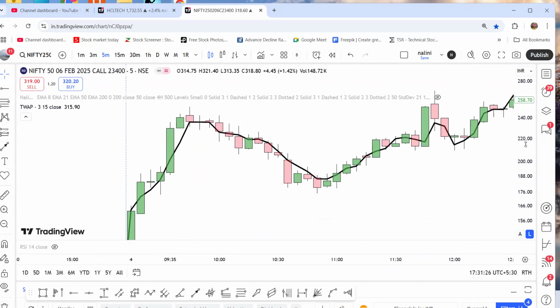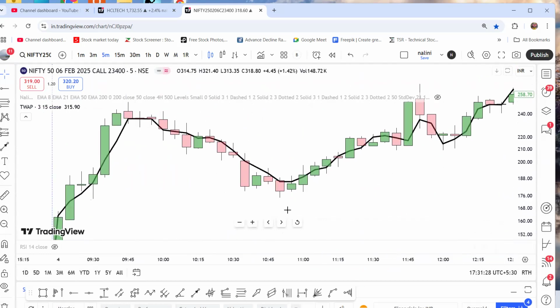See here, it is not exactly the same replica of the underlying. You need to wait. In this candle, there was a close above this. Here, in the option premium, it did not close above this in this candle.